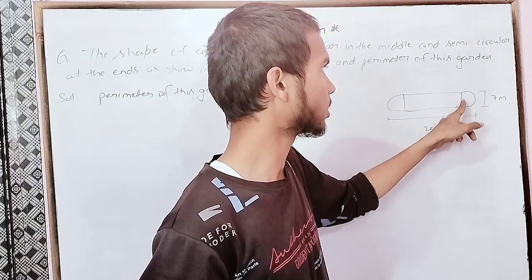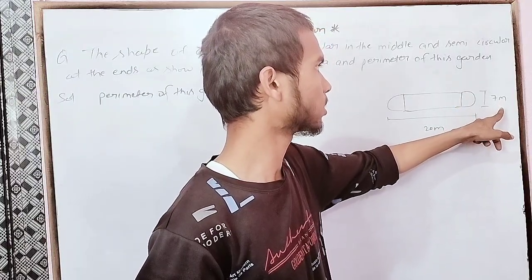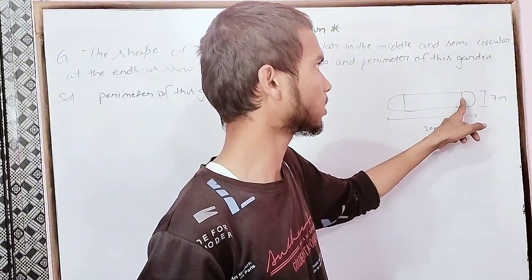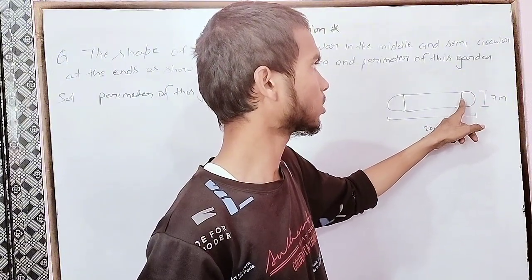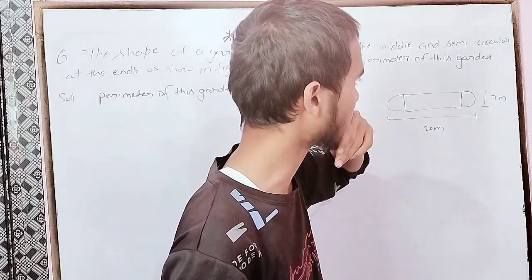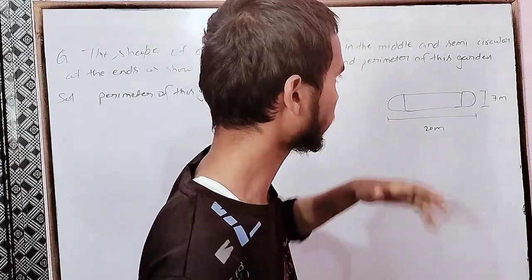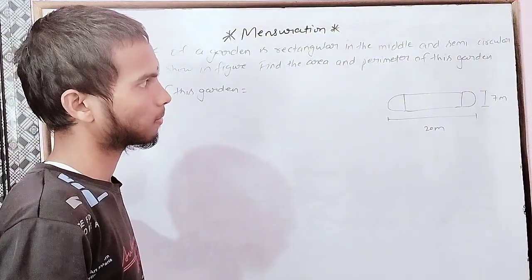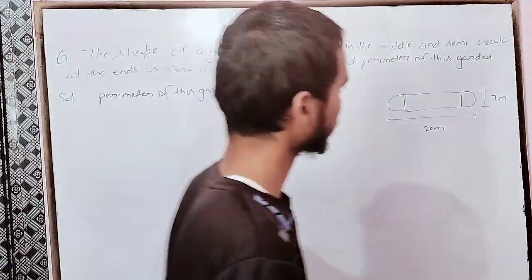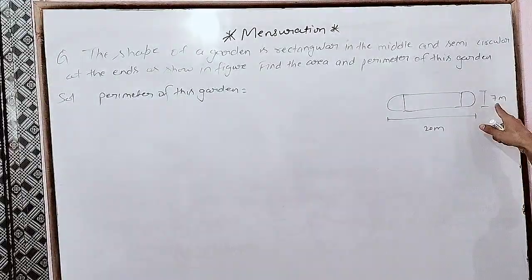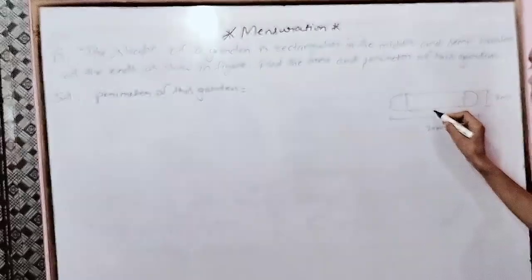Diameter. 7 is a diameter. So we will subtract 7 meter from 20, then we will have what?